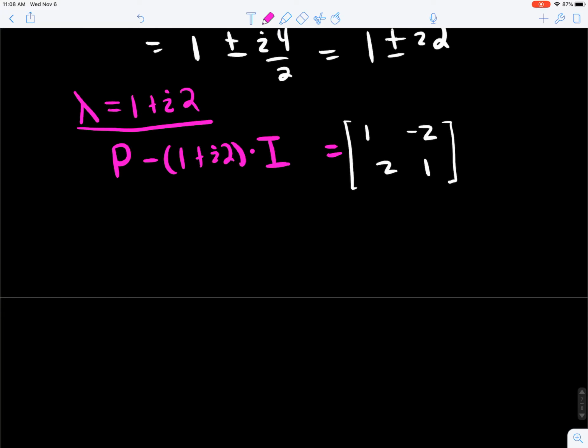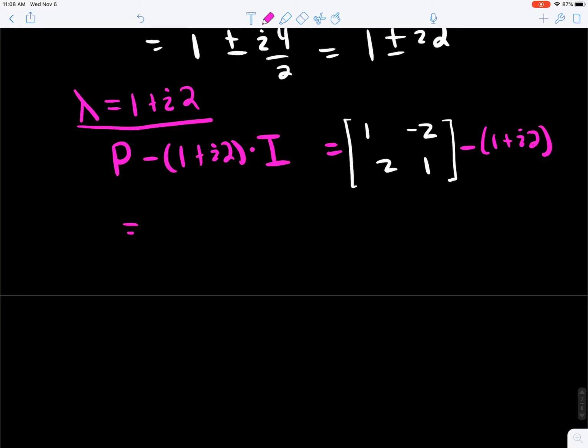And then we want to subtract this quantity. All right, and if we do that, what we're going to get in the top left is the ones cancel, and you have minus i2. In the top right, you have a minus 2. In the bottom left, you have a 2. And in the bottom right, the ones cancel, and you have minus i2.